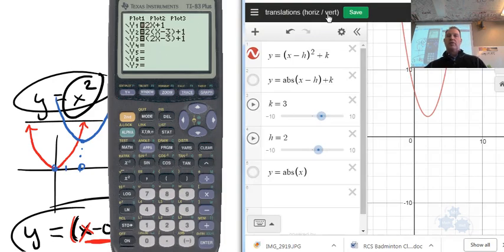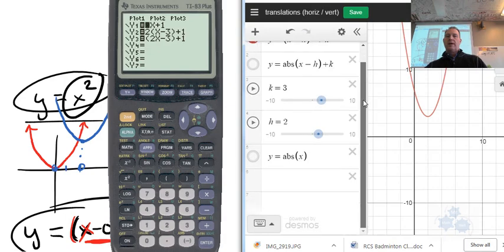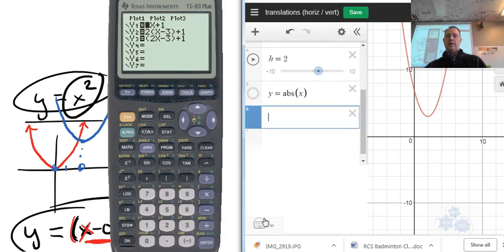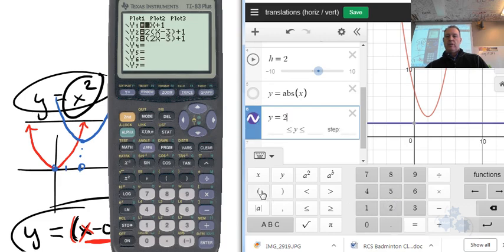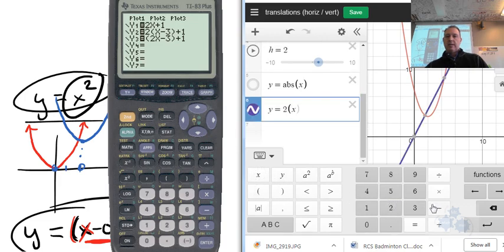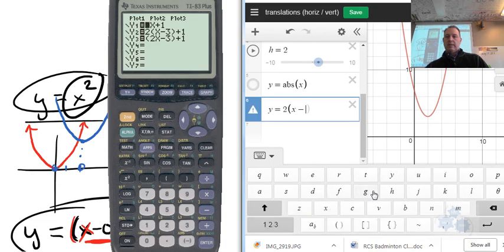Okay, so you should have those three in there. I'm going to make one here in Desmos. I would encourage you guys to use Desmos. It's really nice, especially with the sliders. It's really, really cool. So what am I going to do here? I'm going to do 2 bracket x minus, I have to do, yeah, I can do h, I guess. x minus h.